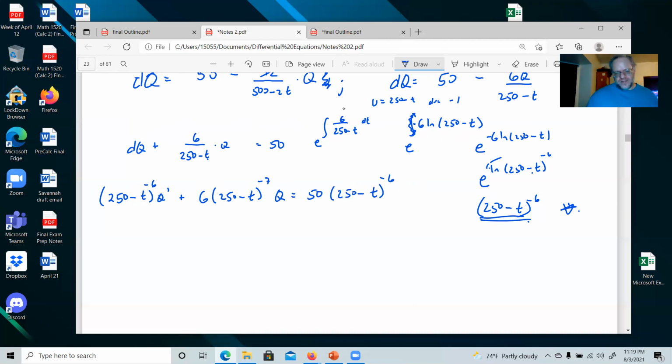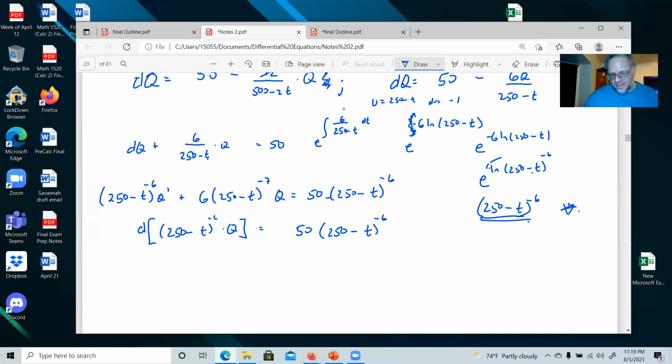All right, so we take our derivative here. That's going to be 250 minus t to the -6 times q. So this was an implicit product rule here. And this is just equal to 250 minus t to the -6.